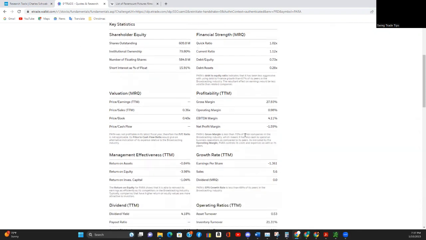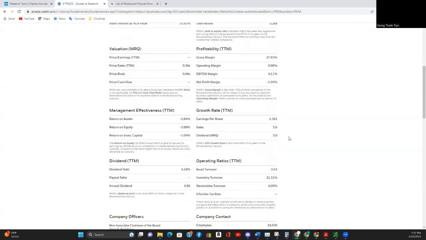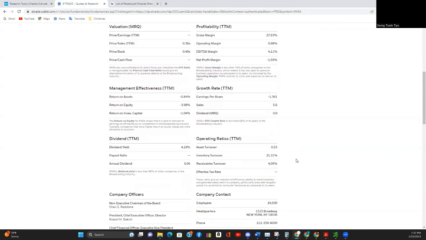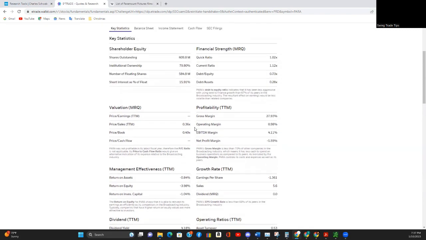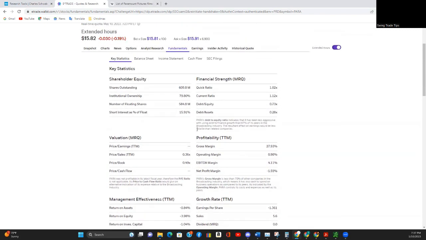Gross margin is also less, again, kind of what you'd expect. Growth rate is less. And these metrics are, again, what you'd expect from a company that did not do well in earnings. But I feel like a discussion of Paramount Global is a discussion of what media it can produce.